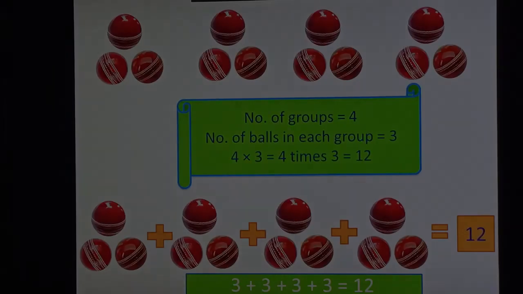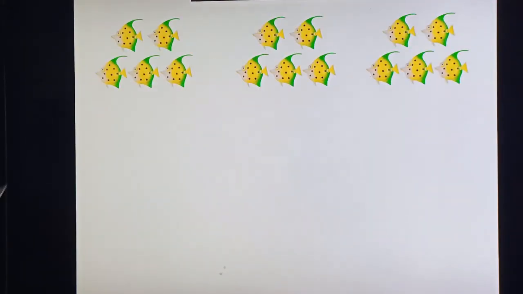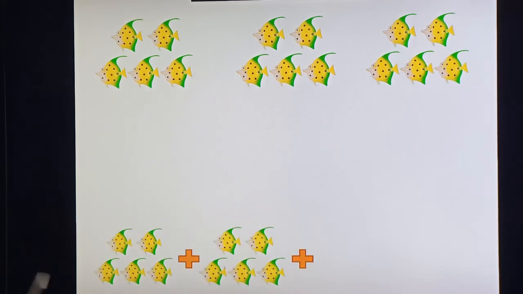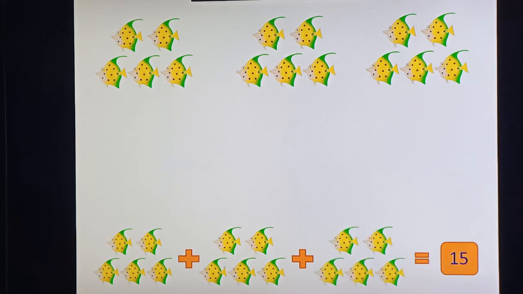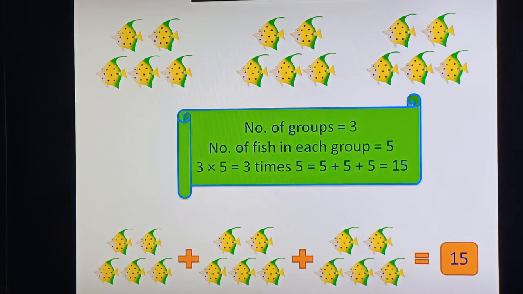Now let us move to the next example. Here you can see 5 fishes in 3 different groups. So 5 plus 5 plus 5 gives me 15 number of total fishes. Now number of groups here is 3. Number of fish in each group is 5.